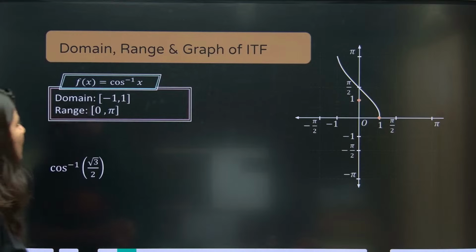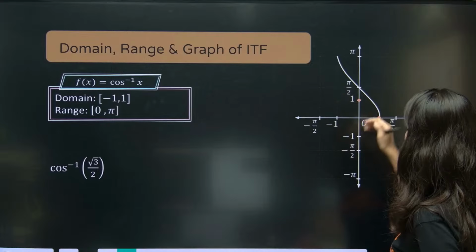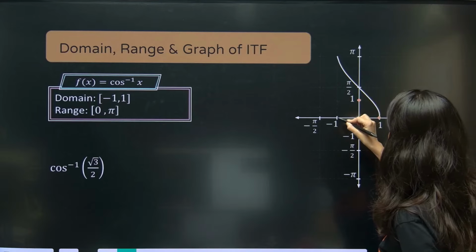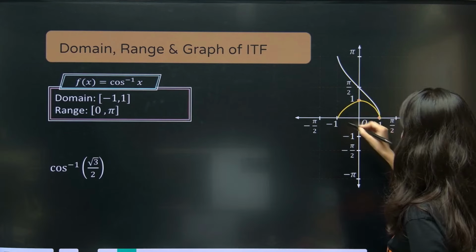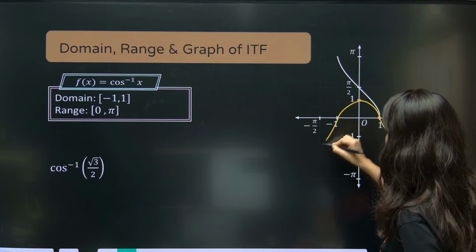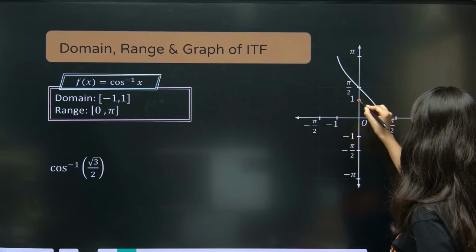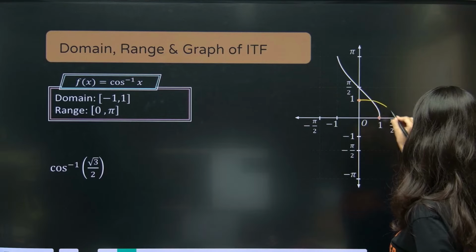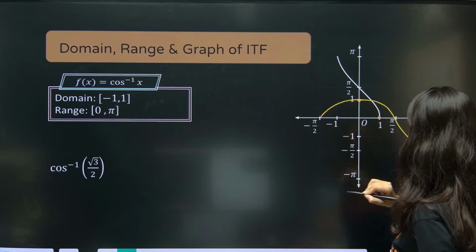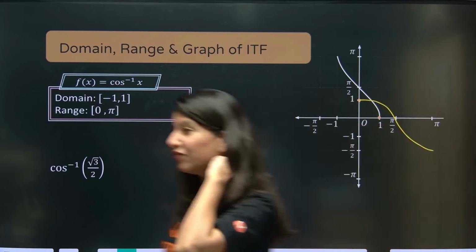Now, cos inverse x. So cos inverse x graph, let me just plot over here. This is angle on the x-axis and values on the y-axis. Clearly this over here is looking like this, the graph of cos x. But we are going to talk about only first and second quadrant.